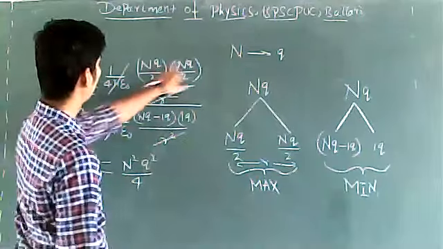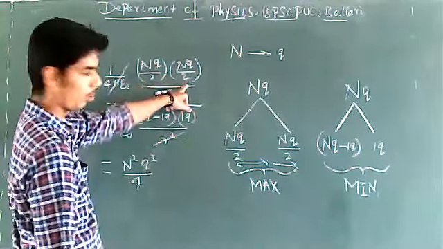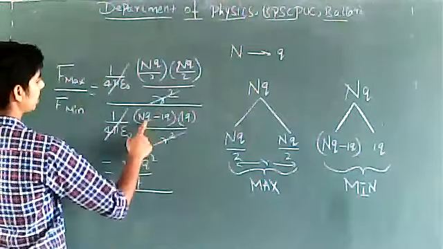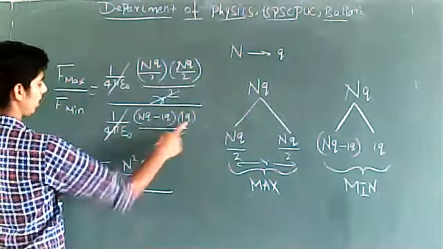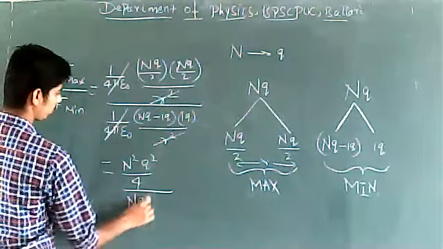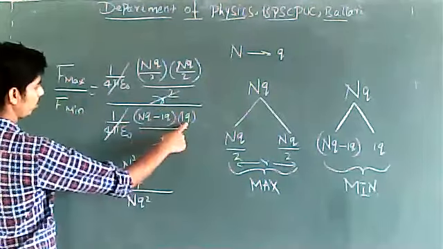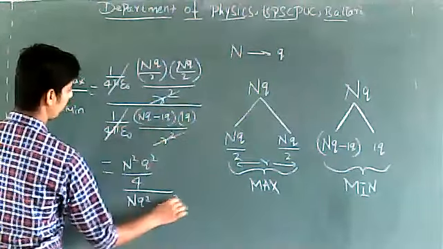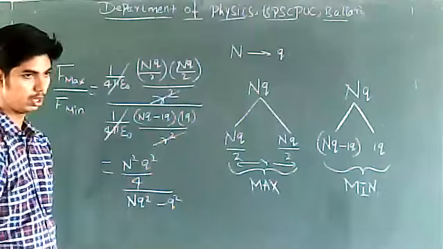Multiply nq into 1q: nq into 1q is n square q square, minus 1q into 1q is 1q square, right?